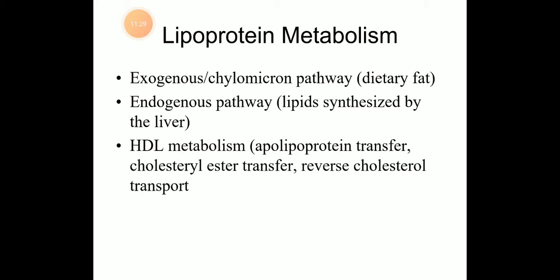This is basically related to HDL metabolism. So basically these three metabolisms in a balance are maintaining the concentration of different lipoproteins, the concentration of different lipids in your blood or in the plasma, and contributing important aspects in lipoprotein metabolism.